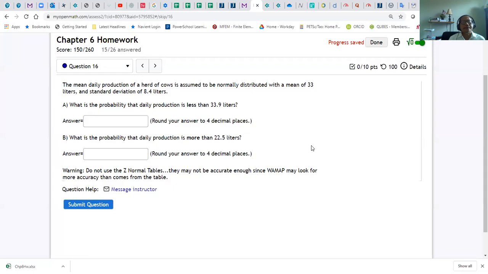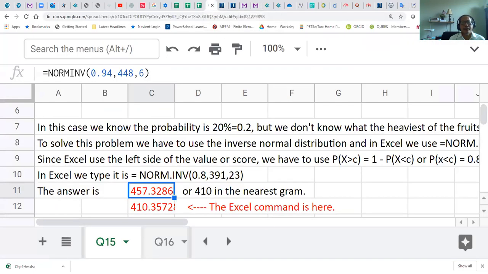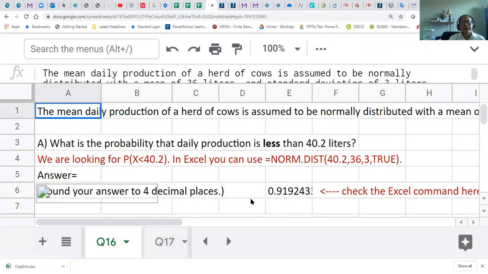Okay, so this one is less than, and this one is more than. It's the same thing. So number 16, the first problem is less than.